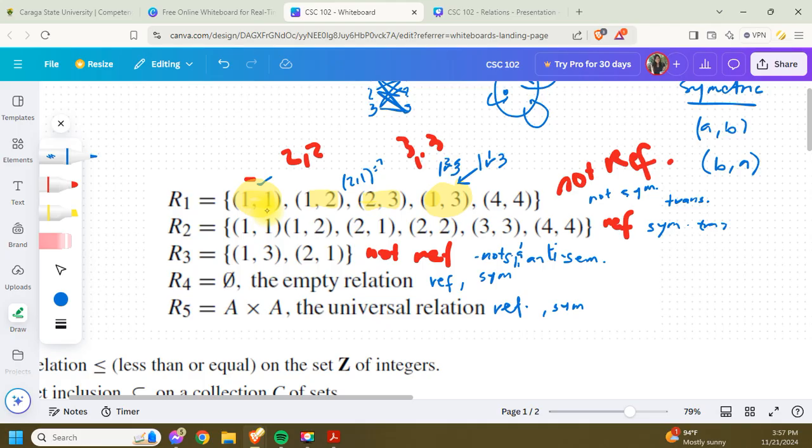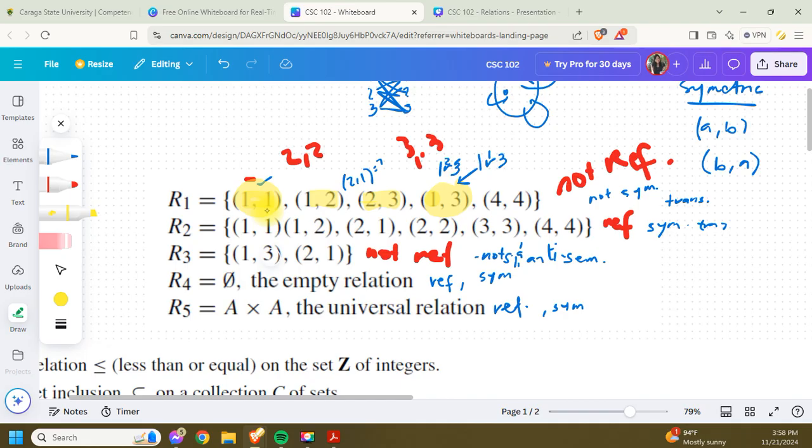So just make sure the question is specific. If the question is specific and I look for a partner for that transitivity, then do that. But if I only ask you to identify whether R1 is transitive or not, then there's no need to state the elements that make it transitive. Okay? Alright, so hopefully that answers your question.